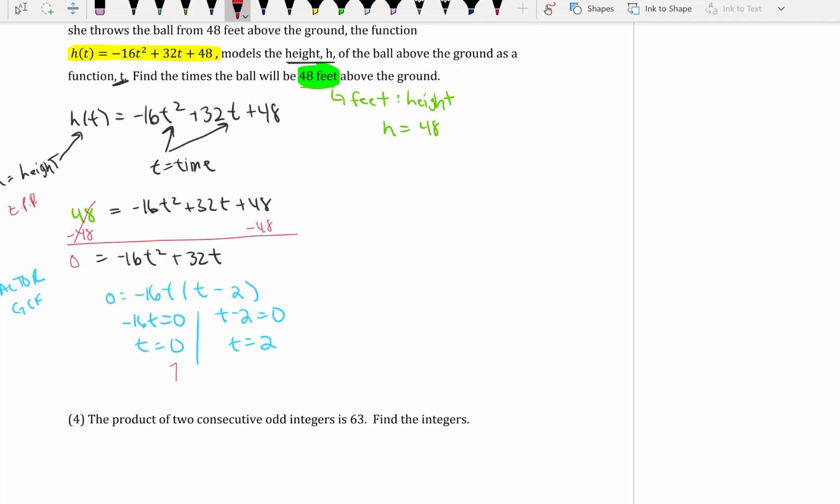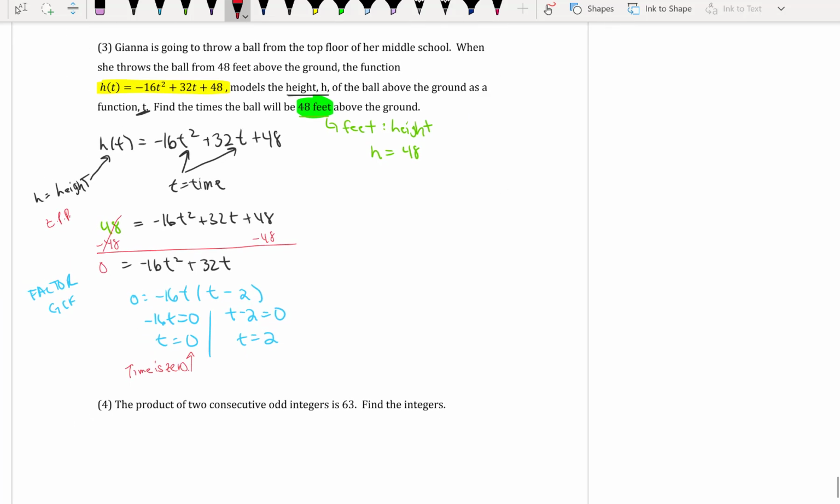So when t is equal to 0, remember this is time, and if this is going to be seconds, this is your initial time. Then t is equal to 2, that's going to be your time equal to 2 seconds.